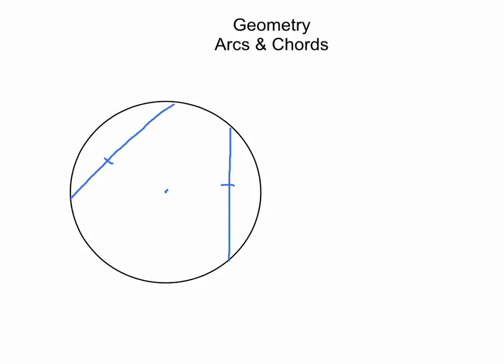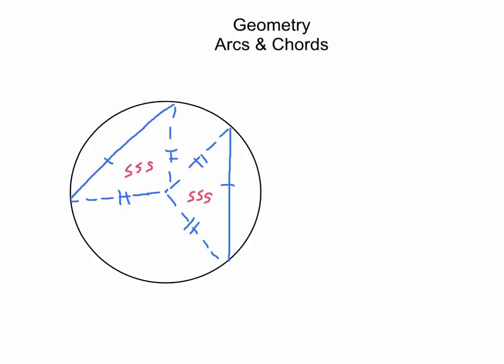To show you, I'm going to actually draw a few more radii on this picture. So there's one radius, here's another radius, here's a third radius, and then here's a fourth radius. And we know that all four of those radii are congruent, so I'm going to go ahead and mark them as all congruent. So therefore, by SSS, these two triangles are congruent.